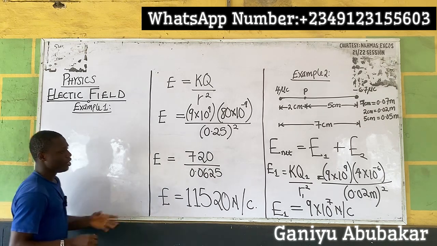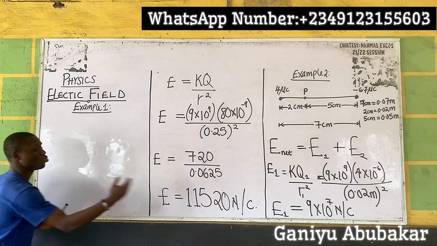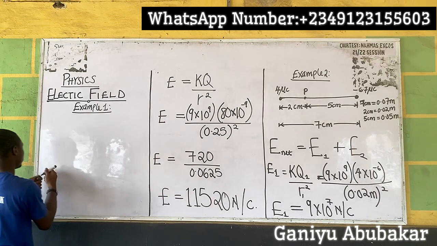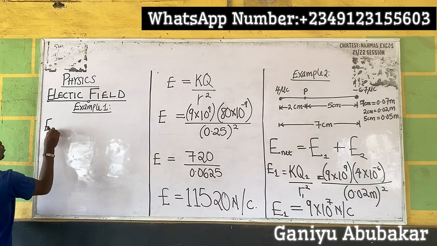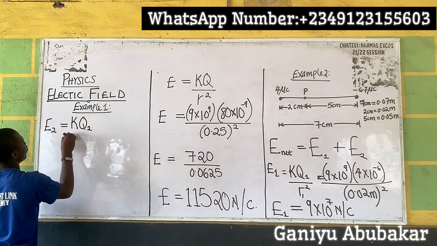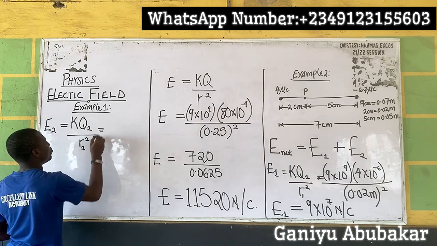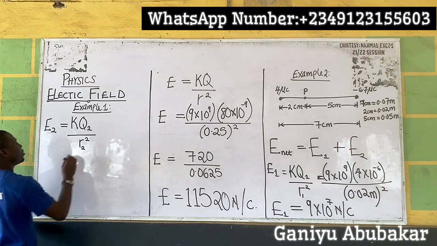From this point here, E2, that is the electric field at point Q due to charge Q2, will be equal to kQ2 over r2 squared.